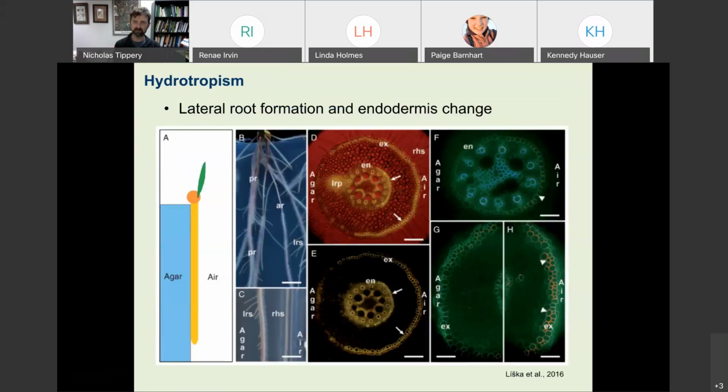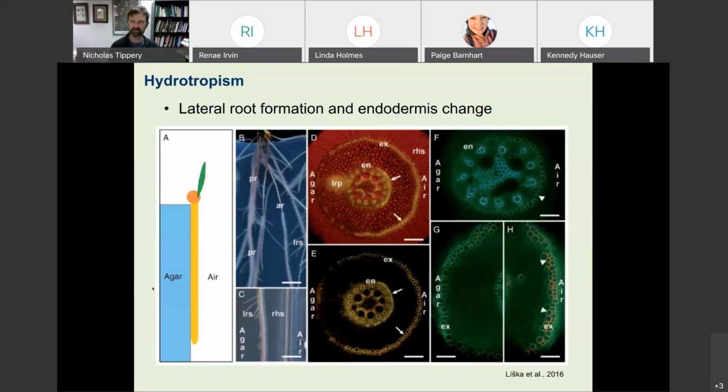Also connected with the ability to make lateral roots. So this is an experiment where they grew a root down the side of agar. It was basically a root growing in one direction, and on one side it had moist conditions that it could grow towards. The other side, it was just the bare air, so wet and dry. And they see much more toward the wet side, plants investing in side roots that are going to grow that way.